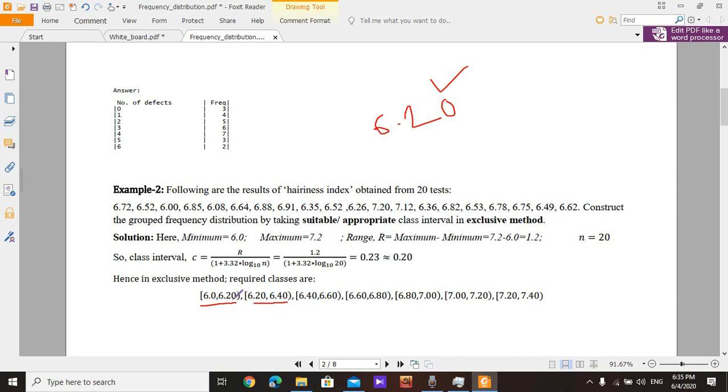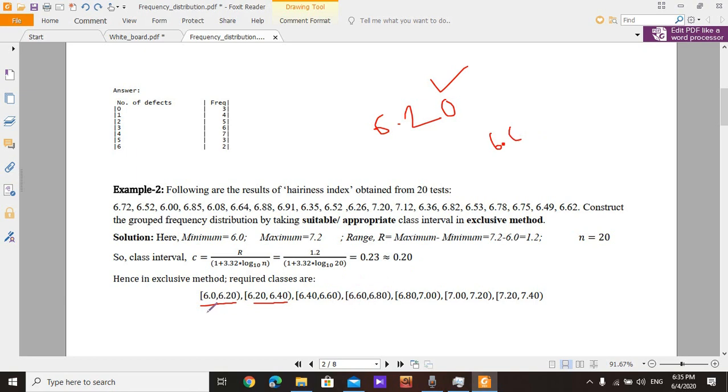This is known as the exclusive method, where the upper limit is excluded in every interval and the lower limit is included. If we have a data point like 6.60, we must assign it to the next class, not this class, because in this class 6.60 is not included.